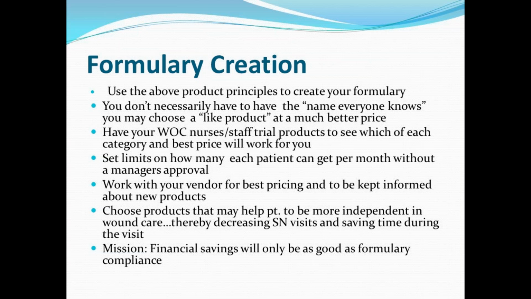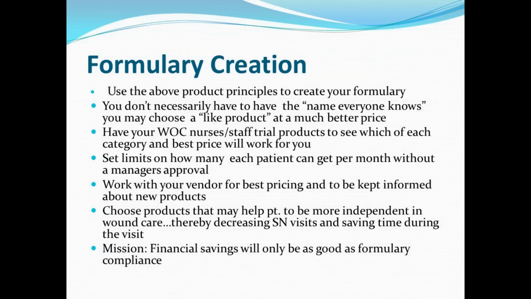So you need to look at, well, what's a reasonable amount that a patient might need over a month's period, and make that the number that you'd get on your formulary, knowing that you might have to provide more to some patients, but then it limits the staff's access to the numbers they can get and the types of dressings they can get, thereby saving you money.